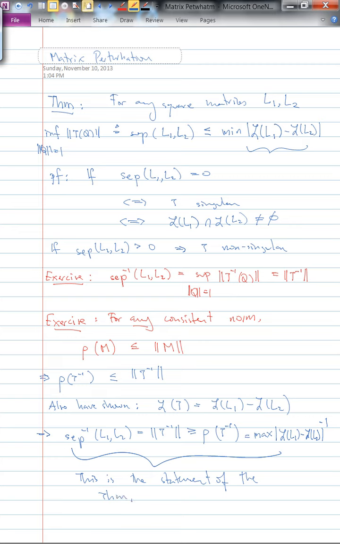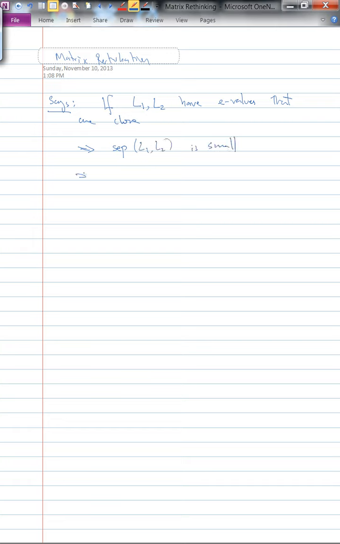So what does this tell us? This says that if L1 and L2 have eigenvalues that are close, then this tells us that the separation is small, which tells us that 1 over delta is big, which tells us that the bound on the perturbation is not going to be good.